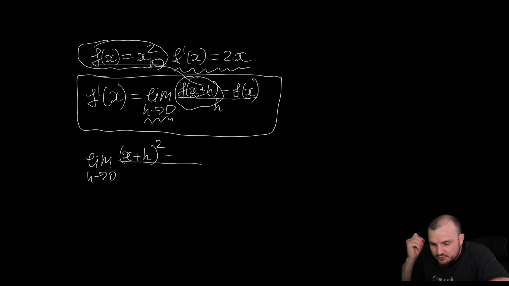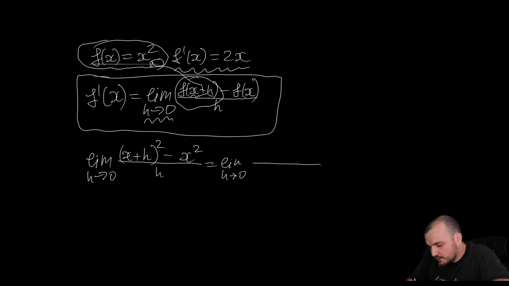And then we subtract our function with the original input, x squared, and divide it by h.